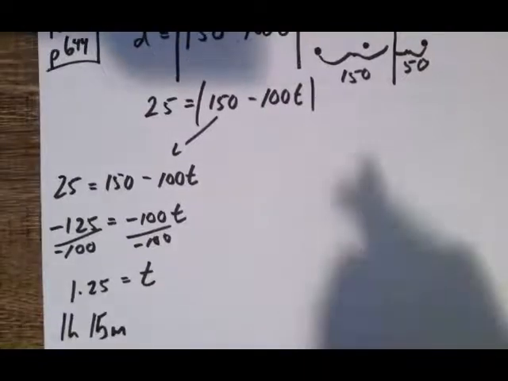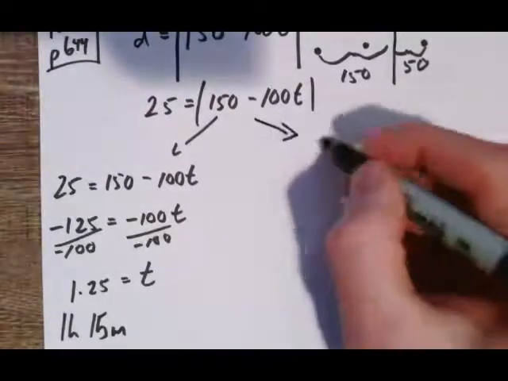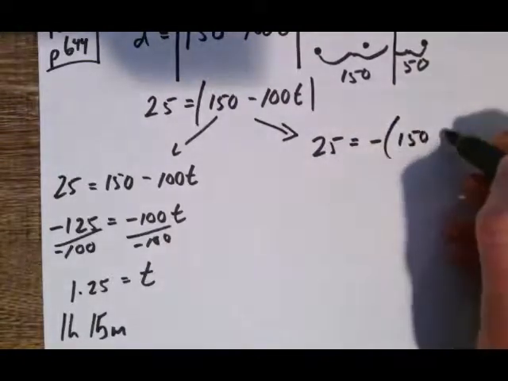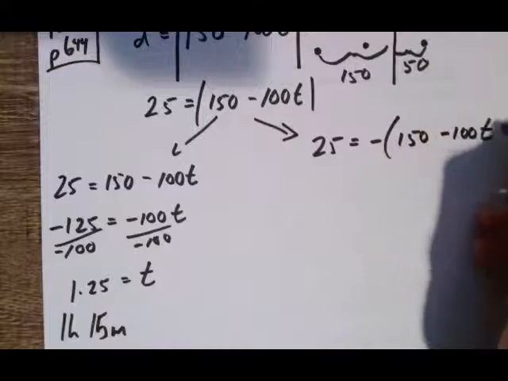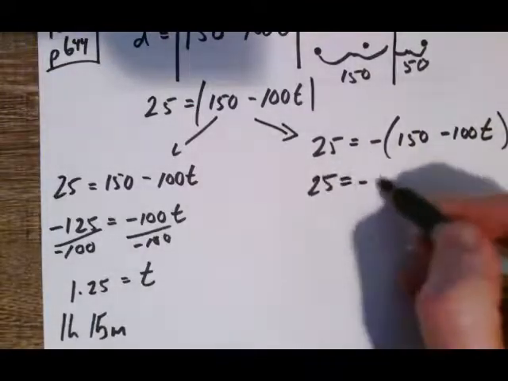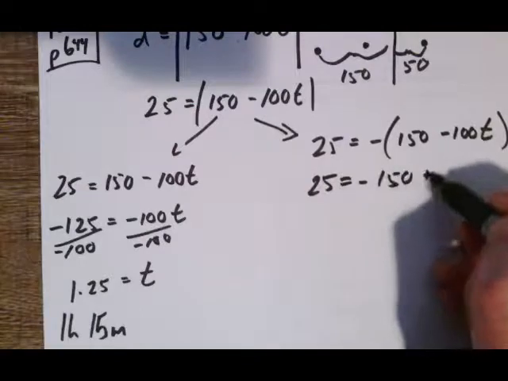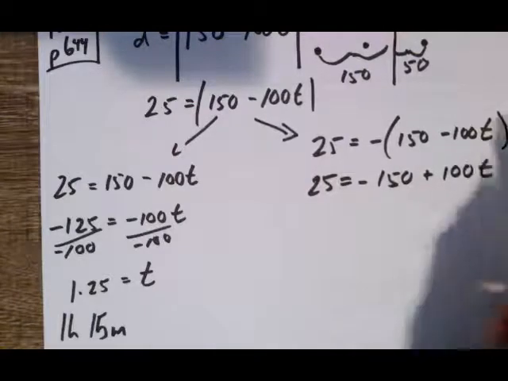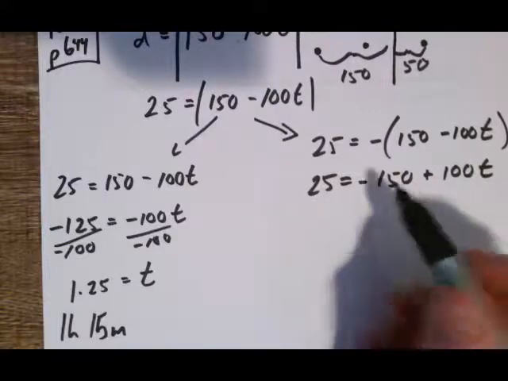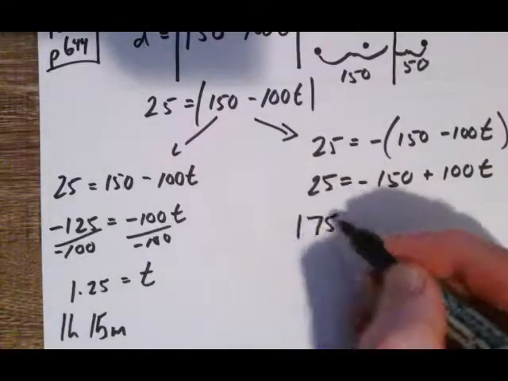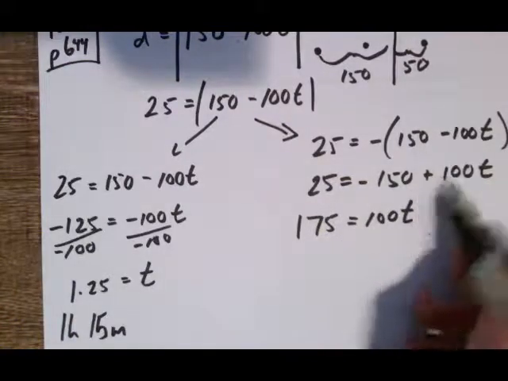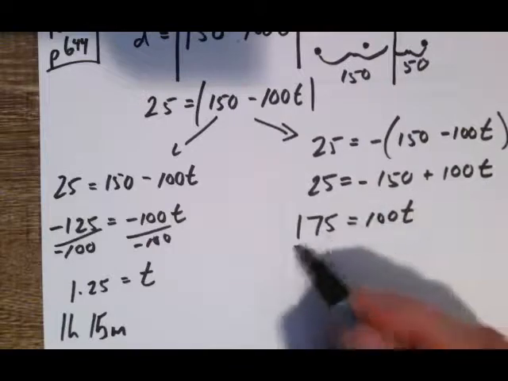The other solution, 25 equals negative 150 minus 100t. This is a good question. 25 equals negative 150 plus 100t. So we're going to add 150 to both sides. So this is going to become 175, which equals 100t. The 100 is positive this time, so we're going to divide both sides by 100.